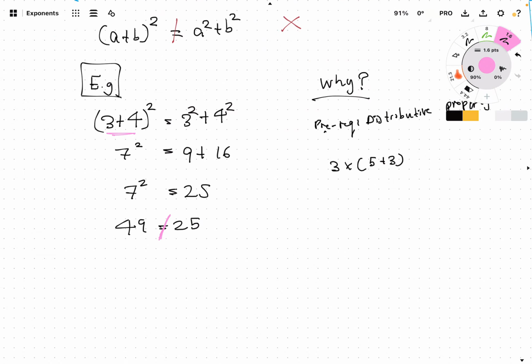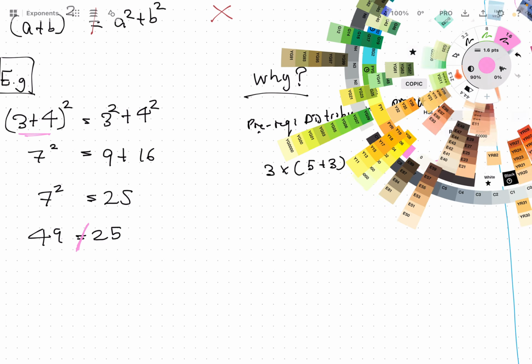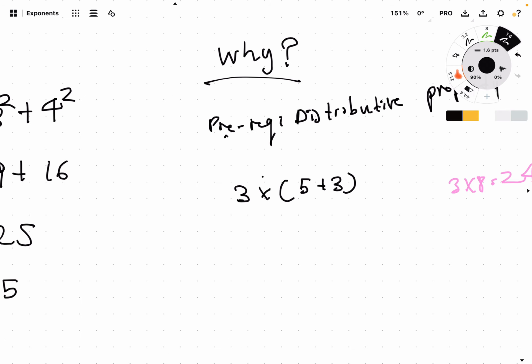I have 3 times (5 plus 3). Now, of course, this is very easy. This is 3 times 8, which is 24. So this is a very easy example, but just pretend the long way that I'm going to do is not the most efficient, but it's just there to show the distributive property works. What it says is 3 times 5, you can do it like this. 3 times 5 first, this times this.